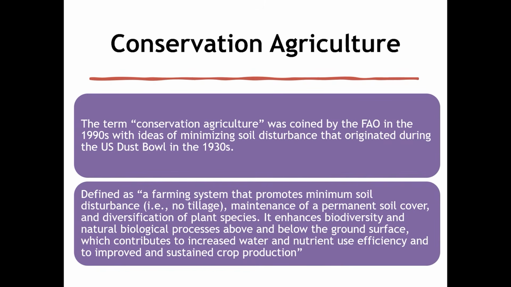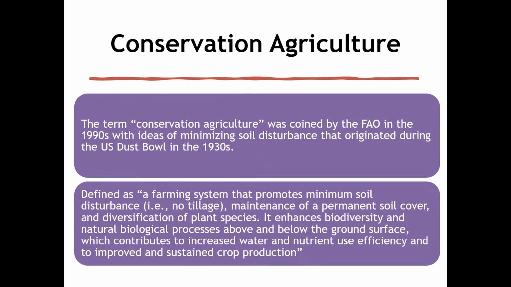Now, another form of ecological agriculture is conservation agriculture, and I looked up information from the United Nations Food and Agriculture Organization, and it seems that they were the ones who coined the term conservation agriculture in the 1990s with the idea of minimizing soil disturbance that was originally seen during the Dust Bowl, the US Dust Bowl in the 1930s.